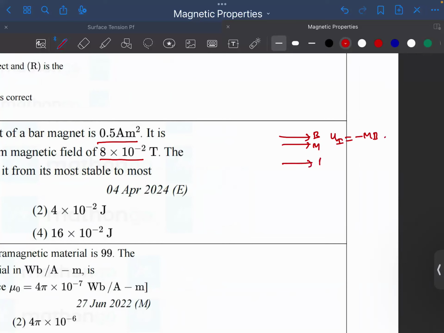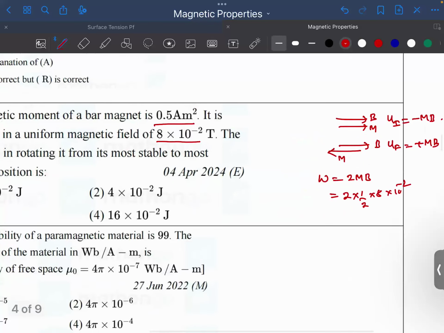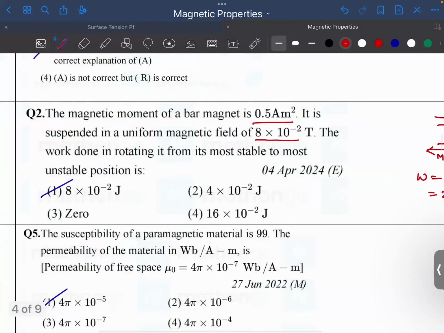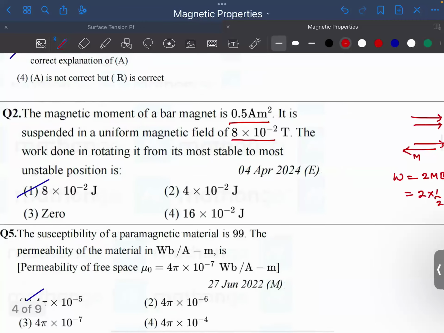In the most unstable position, the final potential energy is plus MB. The work done is 2MB. So 2 times 1 by 2 into 8 into 10 power minus 2. So the answer is 8 into 10 to the power of minus 2 joules. Direct formula.